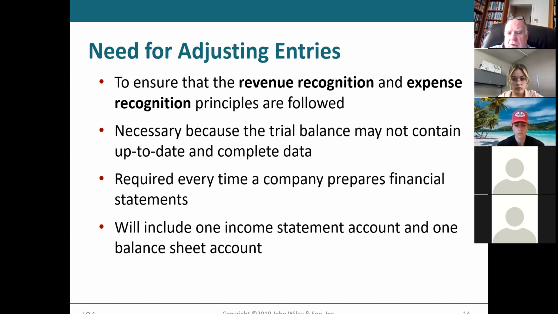It's incomplete because it does not have journal entries that can only be done at the end of the month. And that's what we're talking about in this chapter. These adjusting entries are required every time a company prepares the statements. And every one of these entries will have one balance sheet and one income statement account.